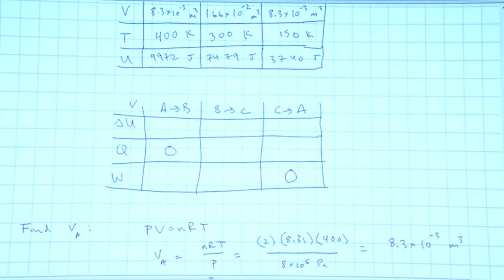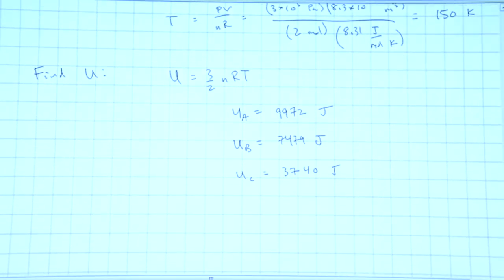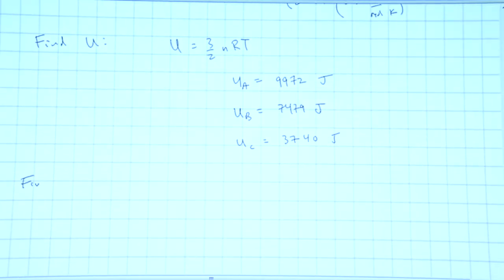Now let me go back and fill in what I know. I can do all my delta U's. Remember, delta U is final minus initial. All right, so delta U A to B is UB minus UA. Negative 24.93 joules.